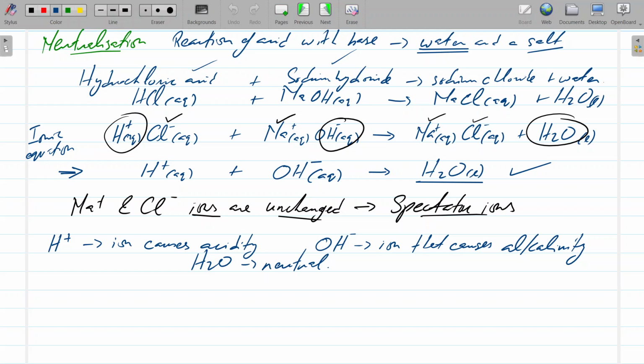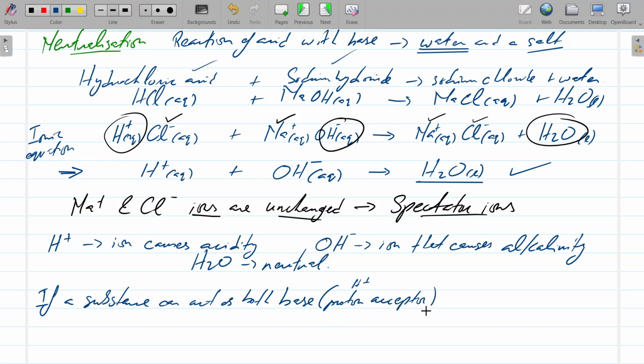If a substance can behave both as a proton acceptor and a proton donor, I'll put that down over here. As both base, so proton, H plus acceptor, and acid, which is a proton donor.